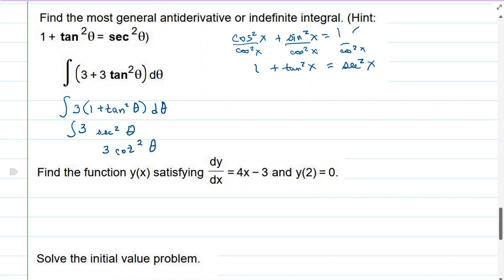Is it negative because it's sine? That's the only thing. Is it negative? Look on your chart, your cheat sheet. Let me make sure. No, it's not. It's normal.